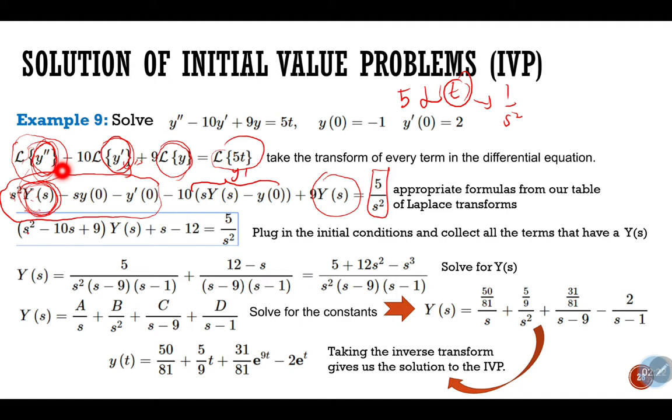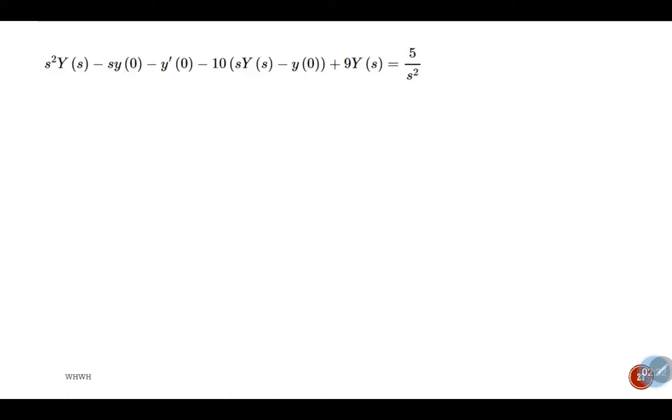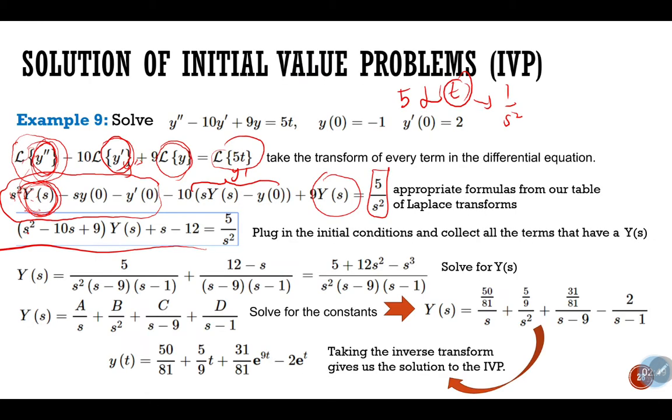From here, after you do the workout, you will come to this. How do we get this? Earlier we had s squared Y(s) minus s y(0) minus y prime (0). The initial conditions given to us are y(0) is minus 1 and y prime (0) is 2.